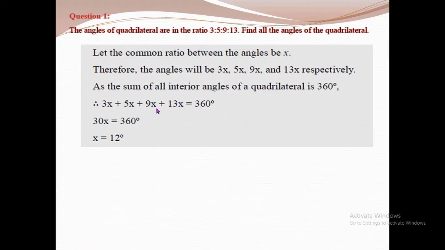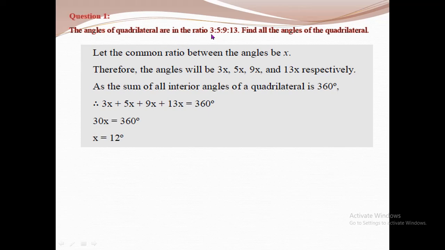To solve this problem, we have to recollect the property that the sum of interior angles of a quadrilateral is 360. Here the ratio is given, therefore let us take the common ratio, the proportionality constant, as x. Then each of these angles would be 3x, 5x, 9x and 13x respectively.